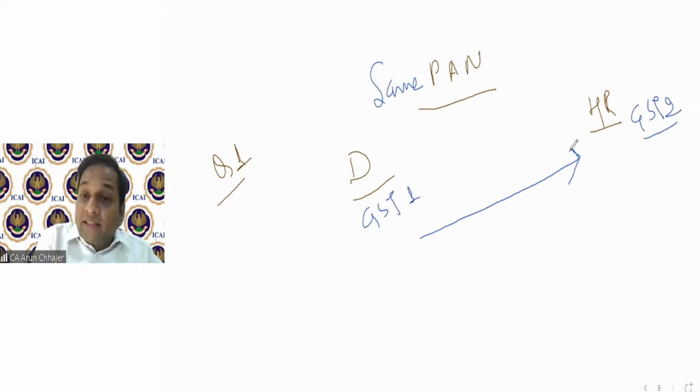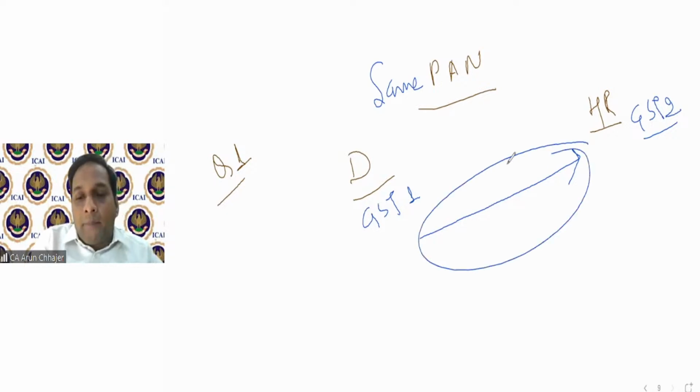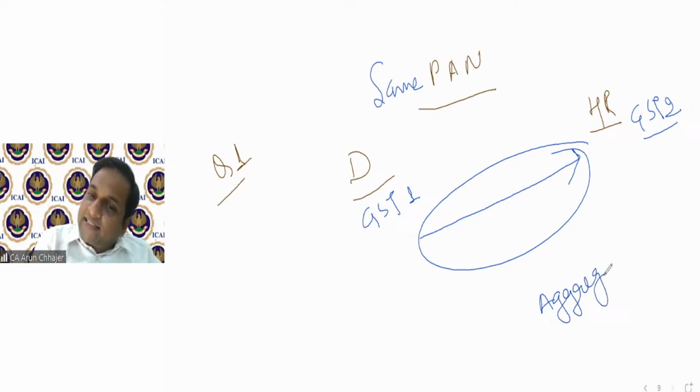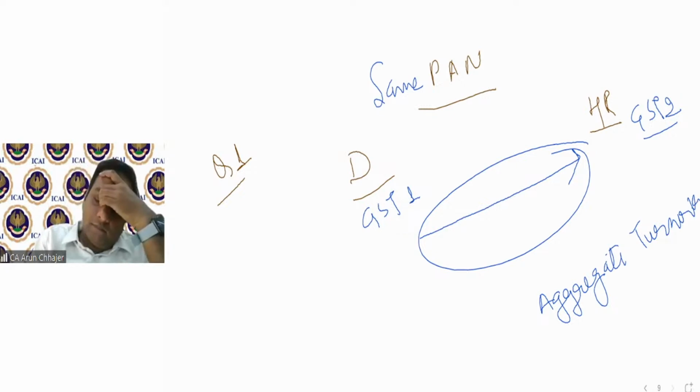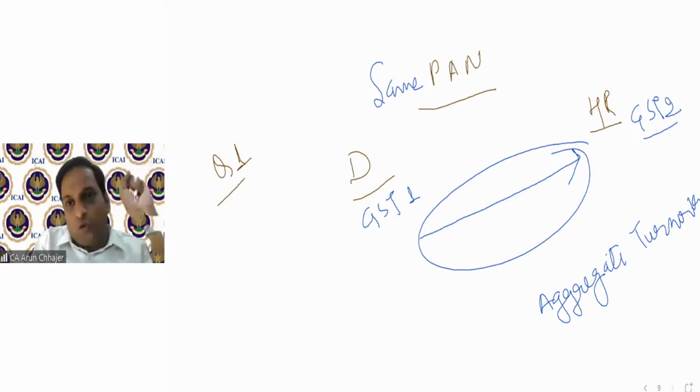So, will this supply be added in the aggregate turnover? Will I add this supply to the aggregate turnover or not? Yes, for everything I have to put together.